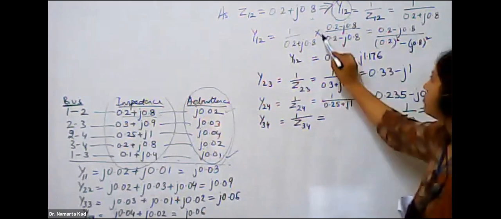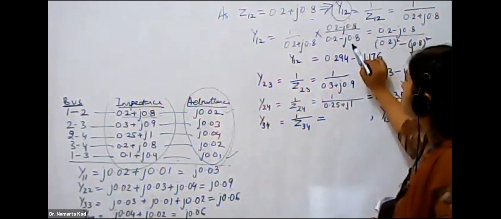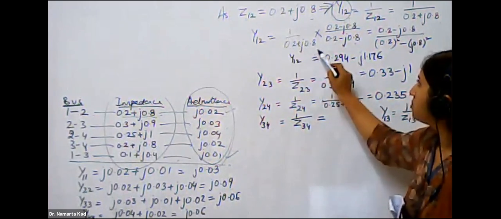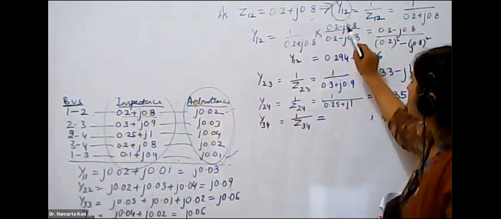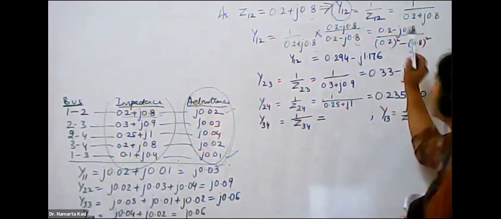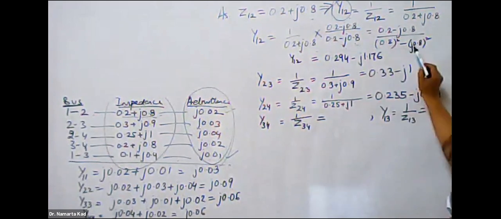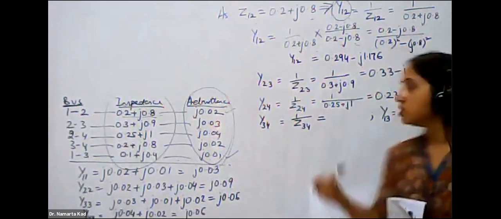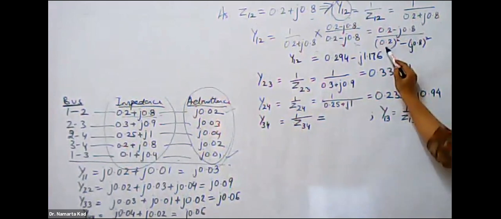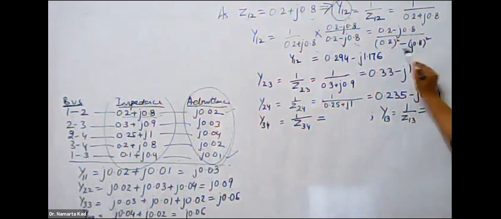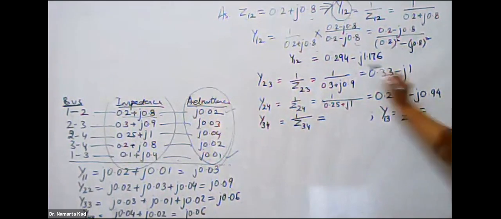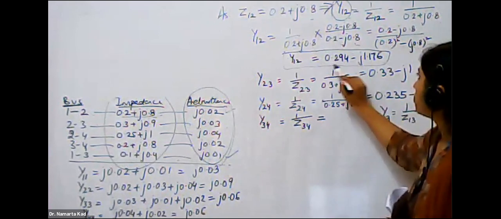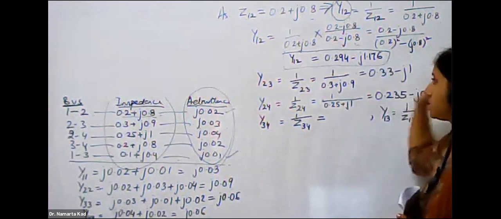For solving it, you multiply the numerator and denominator by the conjugate, 0.2 minus j 0.8. In the denominator, the formula is (A plus B)(A minus B), which is A square minus B square, so 0.2 square minus (j 0.8) square. The first answer, for Y12, is 0.294 minus j 1.176.